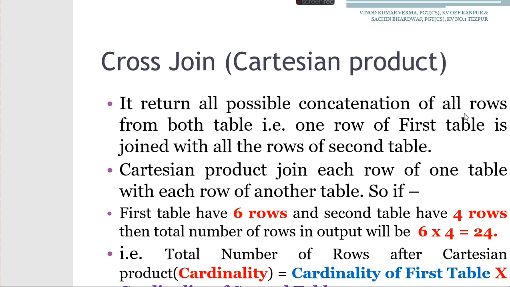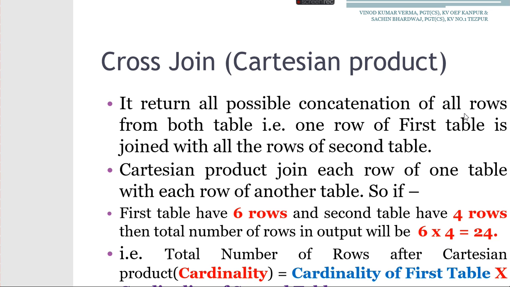For example, the first table has 6 rows and the second table has 4 rows. Each and every row of the first table must be joined with each and every row of the second table. So the total number of rows in the output will be 6 into 4, 24 rows.